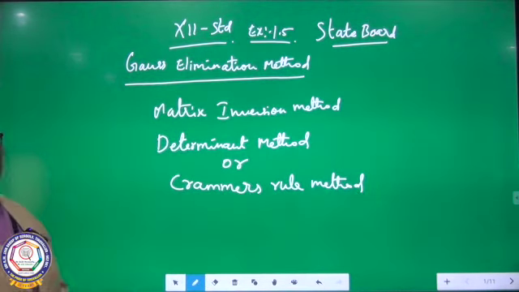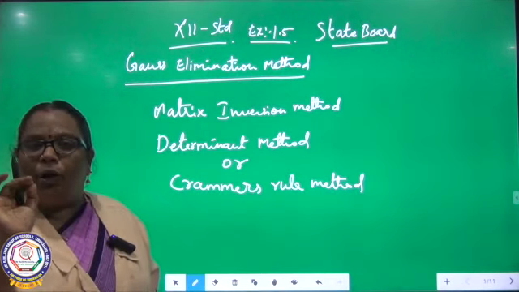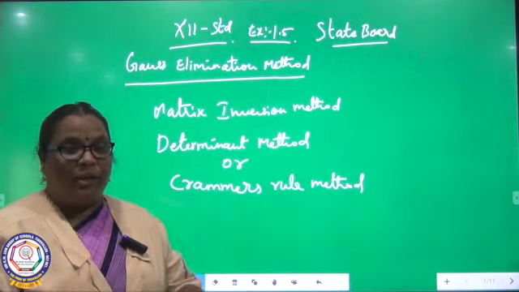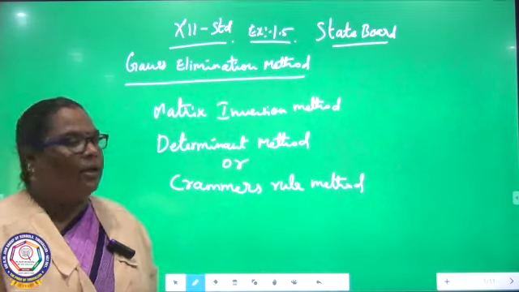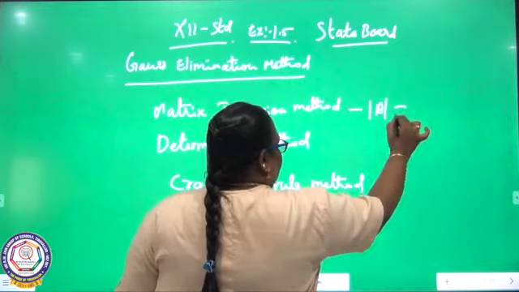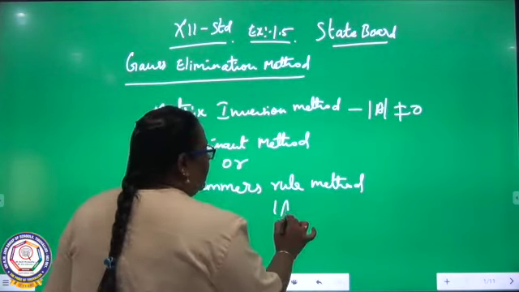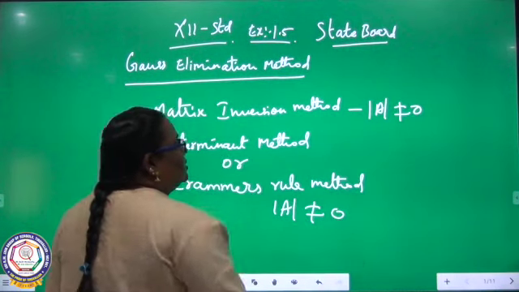In these two methods, the matrix should be non-singular. What is the meaning of non-singular? Delta A not equal to 0. In this also, delta A not equal to 0.